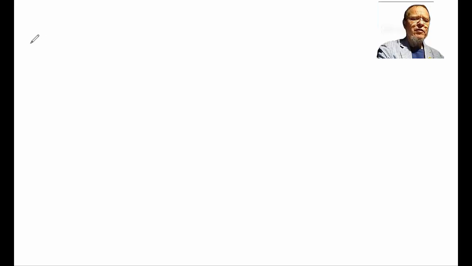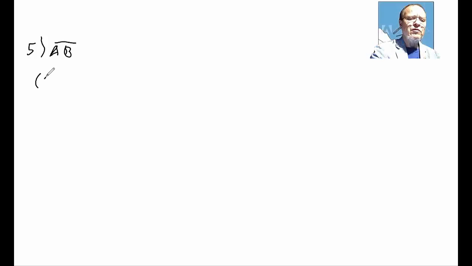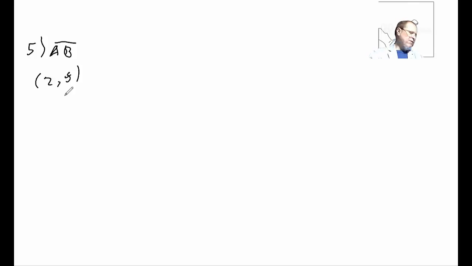In example number 5, essentially we're asked to compare the slope of two lines. So we have line AB, represented by points A (2, 5) and B (1, 2).